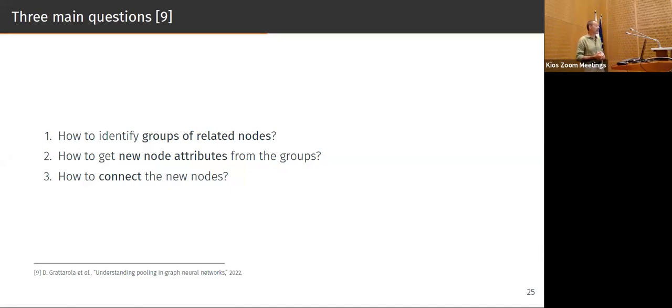The second point is, once we have the new shrunk graph, which features should we assign to the nodes and to the edges? And then, how do we connect the new nodes in order to build a graph? So these are the three points.